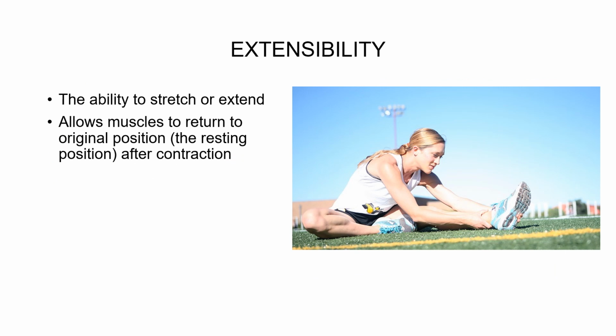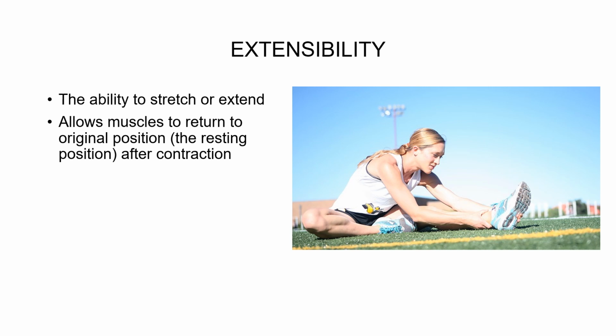And the last big important topic is extensibility. So muscles are great at contracting, yes, but they also have to stretch a little bit. In order for the muscles to contract optimally or maximally, they do have to have a little elasticity to them, if you will, or what we call extensibility.